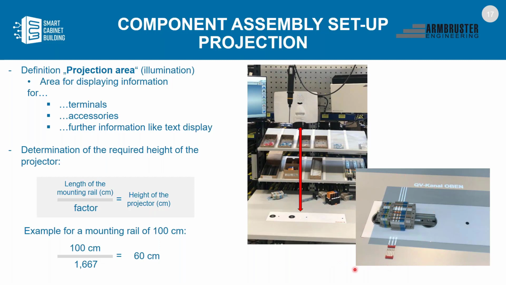And to have the correct position on the product, we have to define the right distance between the projector and the surface of the work bench. And therefore, there are factors given by the vendors of the projector systems. And then you can define the distance, as you can see in this red arrow. And then we have to place it at the right height in the workplace.